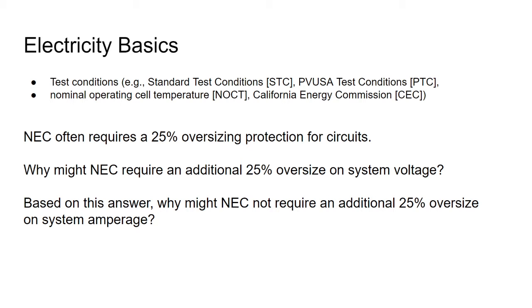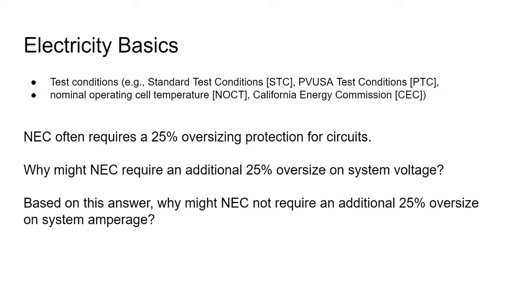But if you're just putting a dumb solar array without module level panel electronics up on the rooftop, without any kind of voltage regulating device coming out of the panels themselves, that circuit then has to be sized not just for our typical 25% oversizing, but we're going to make you add an additional 25% because you're taking the open circuit current or open circuit voltage, the short circuit current at standard test condition and using that for your calculation.